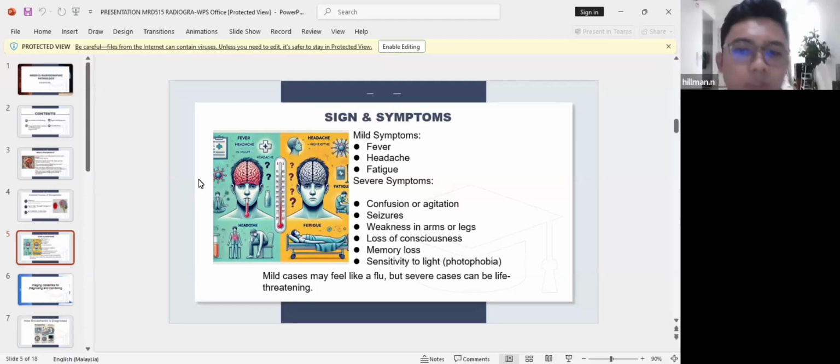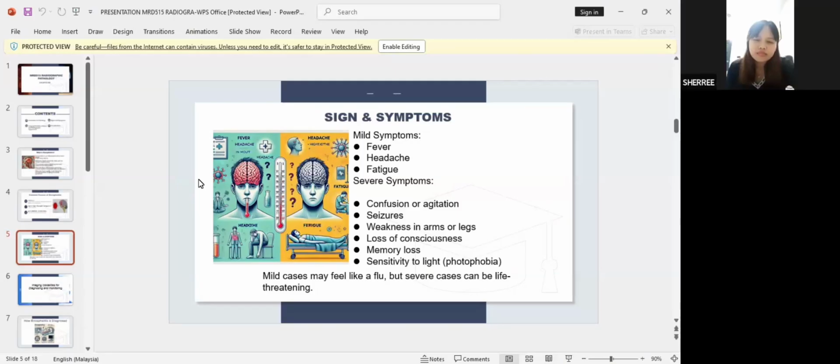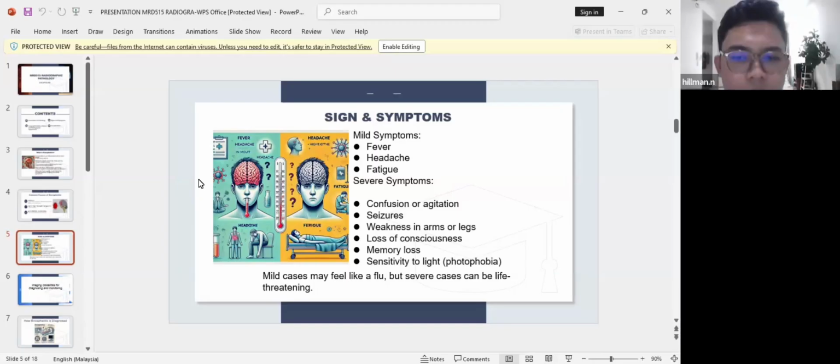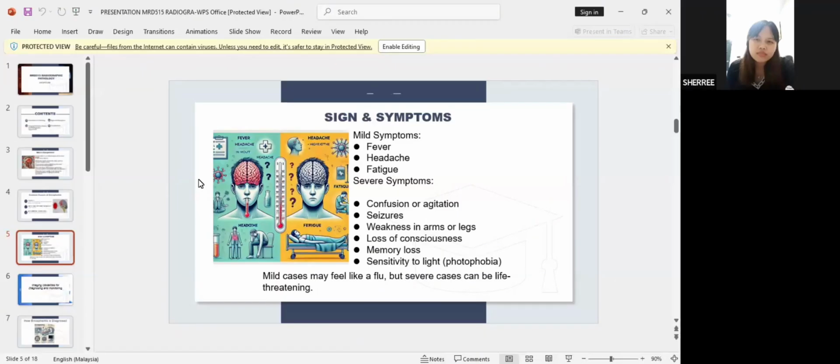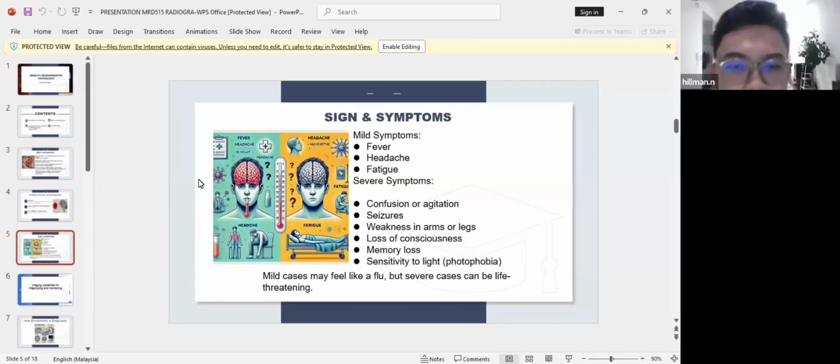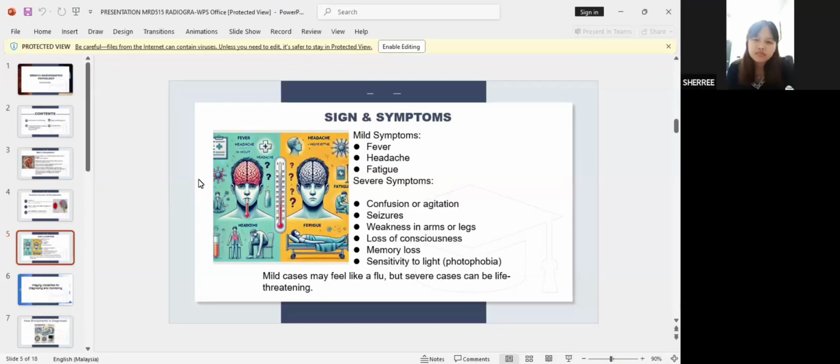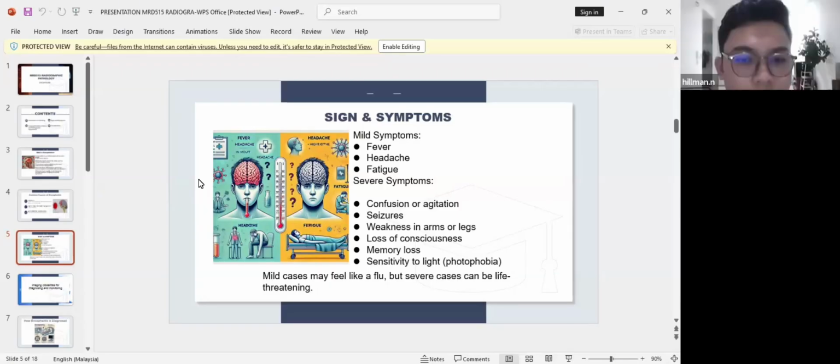For severe symptoms, confusion or agitation, seizures, weakness in arms or legs, loss of consciousness, memory loss, and sensitivity to light, or in the scientific name is photophobia. Mild cases may feel like flu, but severe cases can be life-threatening.